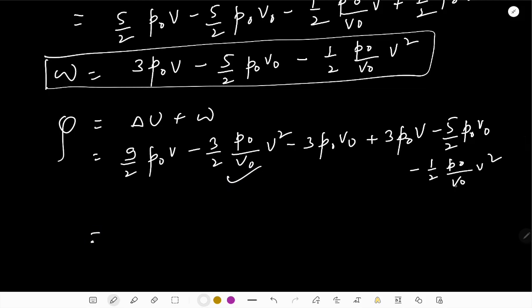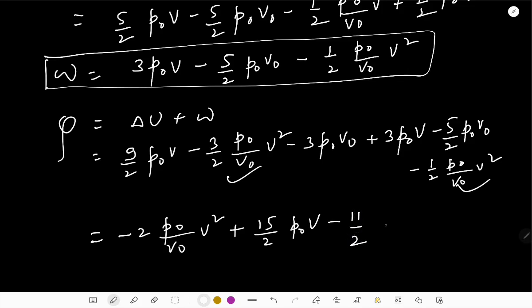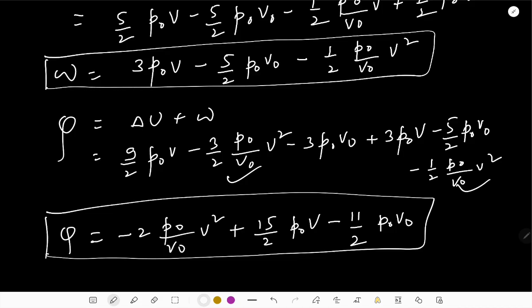So first add these two terms, and this will be minus 2 P naught upon V naught V square, and plus the P naught V term, it's going to be 15 by 2 P naught V. And these terms, minus 3 and minus 5 by 2, need to be added, and it will be 11 by 2 P naught V naught. So Q looks like this, if I'm correct.